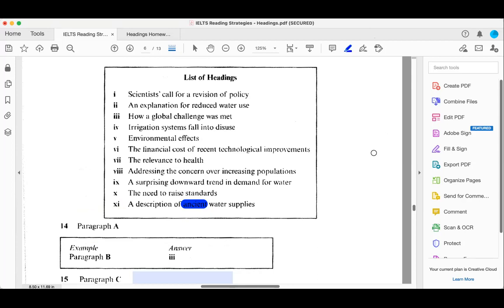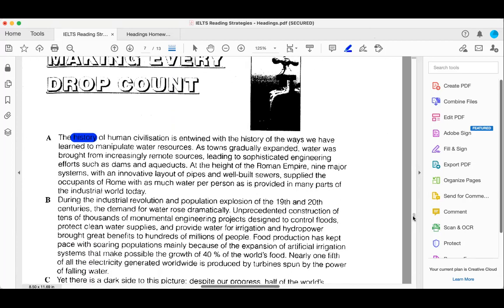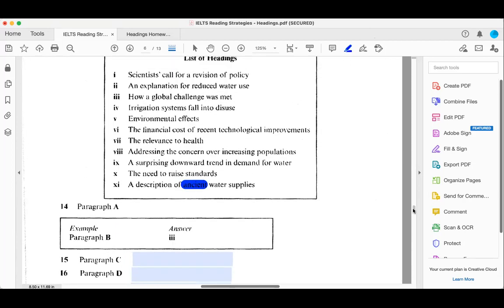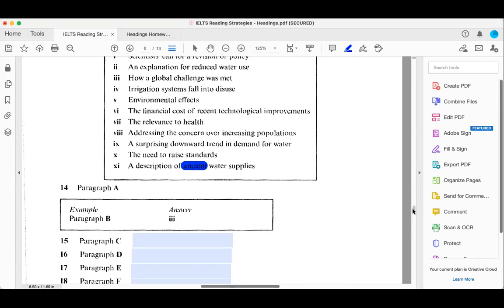The sentence is telling you people suffer. We don't have irrigation or anything, right? Only people suffer. Environment? No. Financial cost? Yes or no? No.